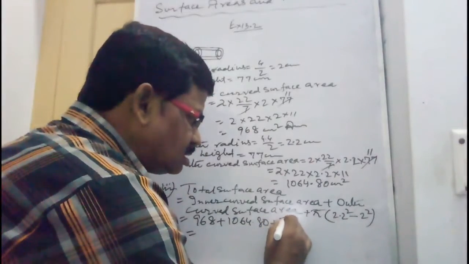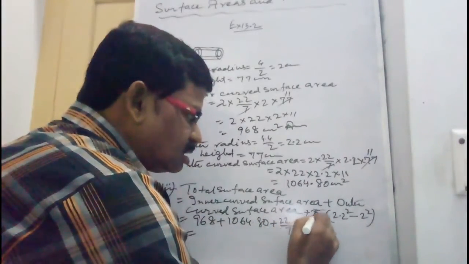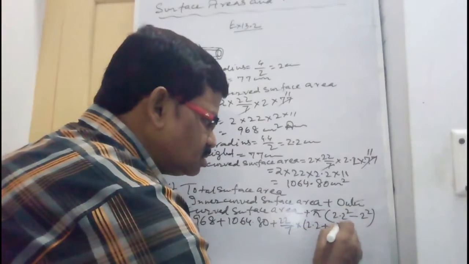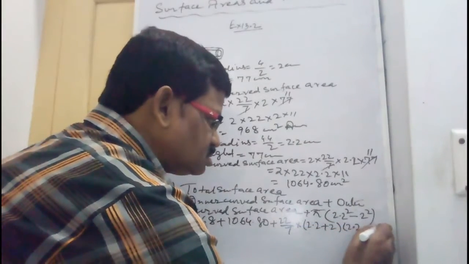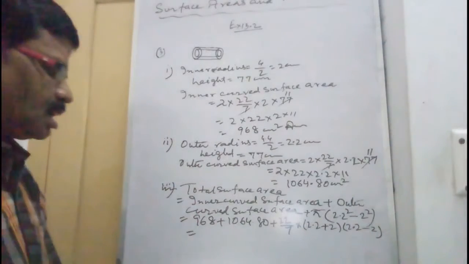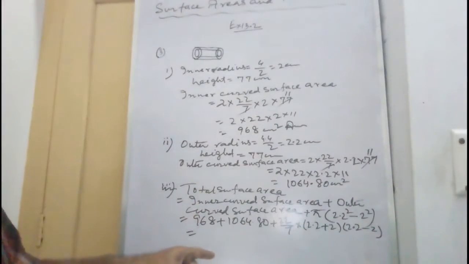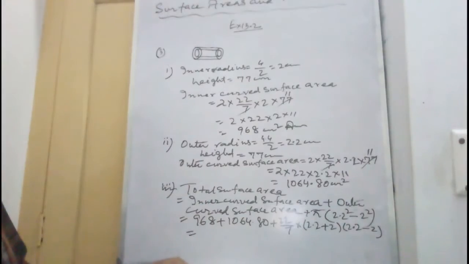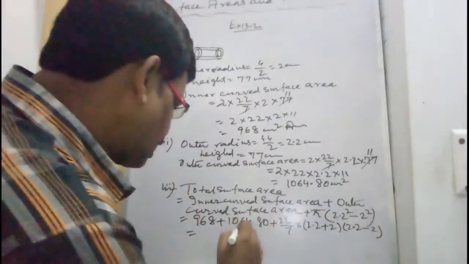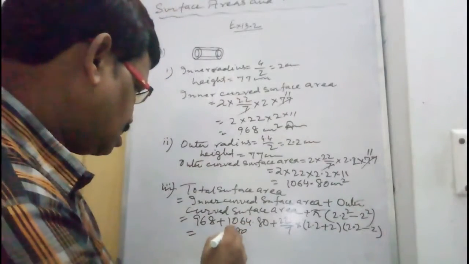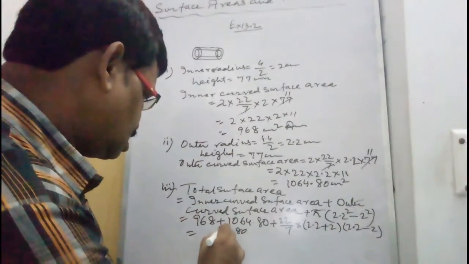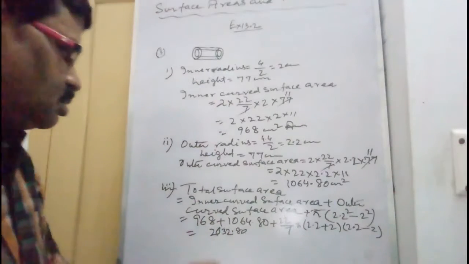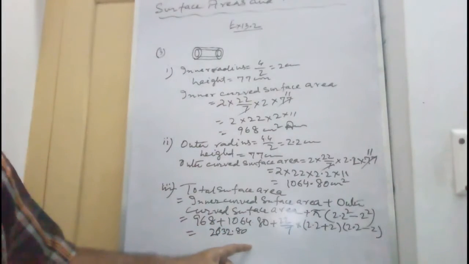So plus 22 by 7 into (2.2 plus 2)(2.2 minus 2). Now add these two first: 2032.80.